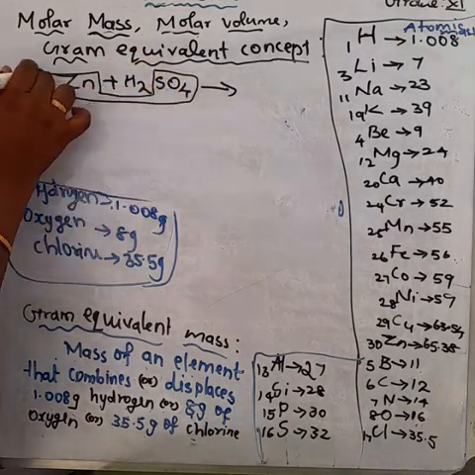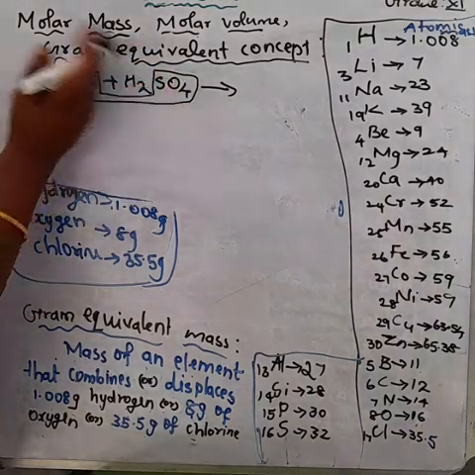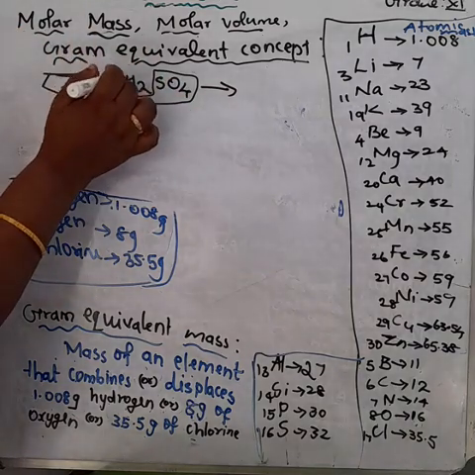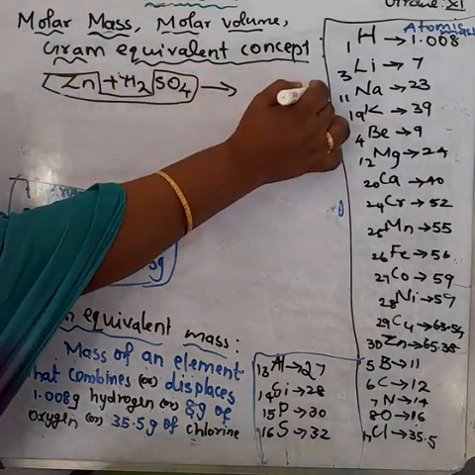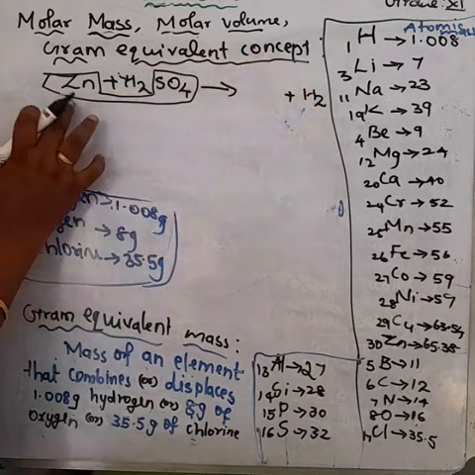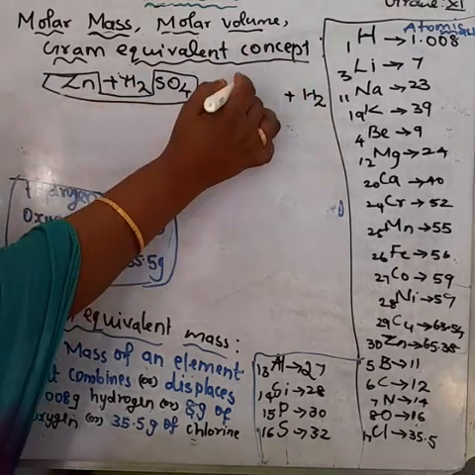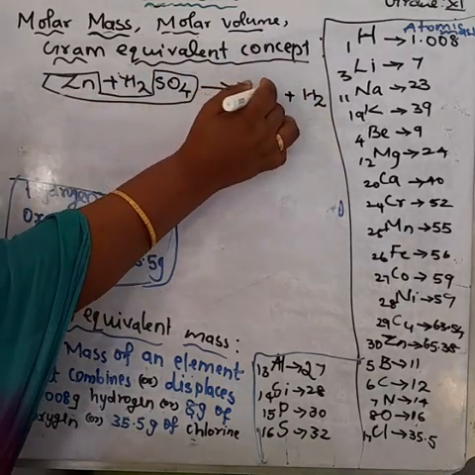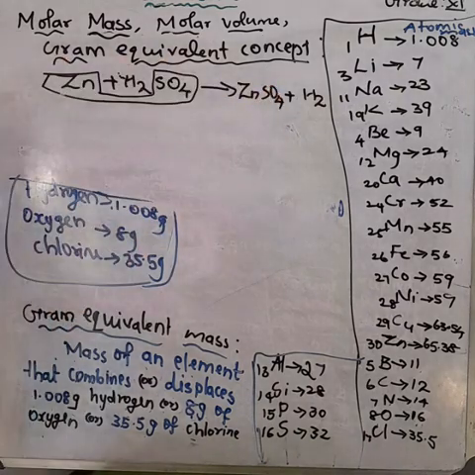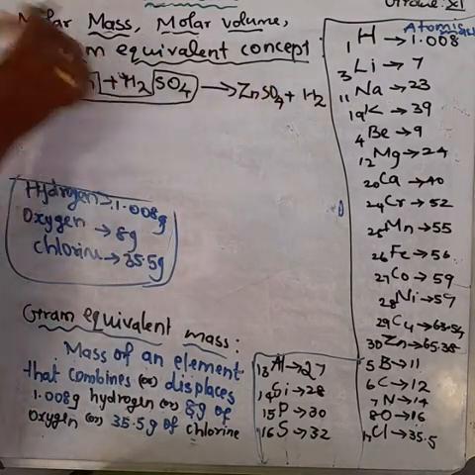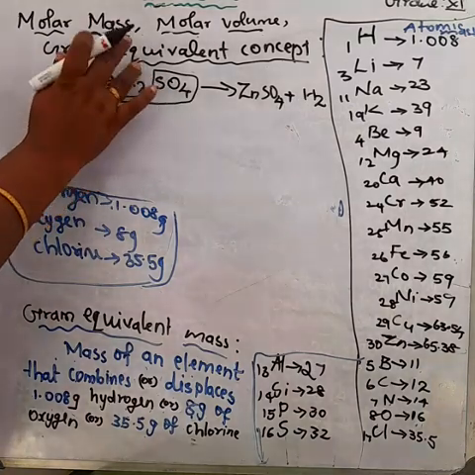The zinc displaces the hydrogen from the sulfuric acid and zinc sulfate is formed, plus hydrogen gas is evolved. Understood? This is one equation.